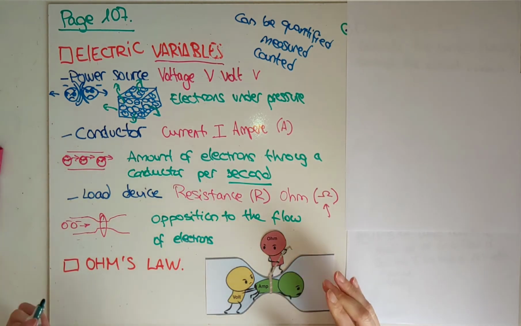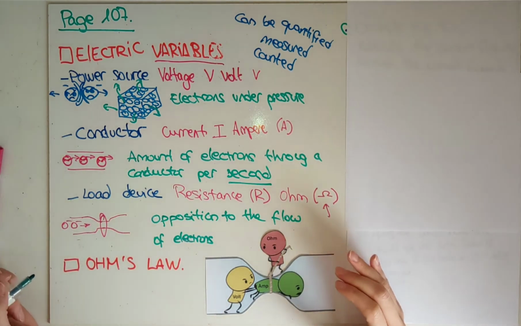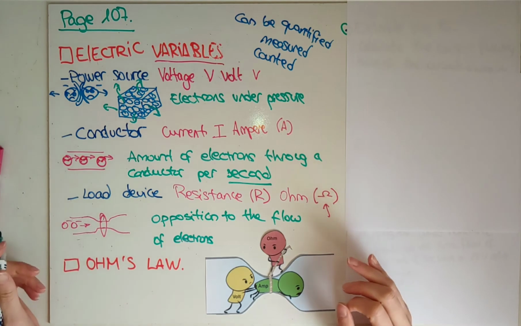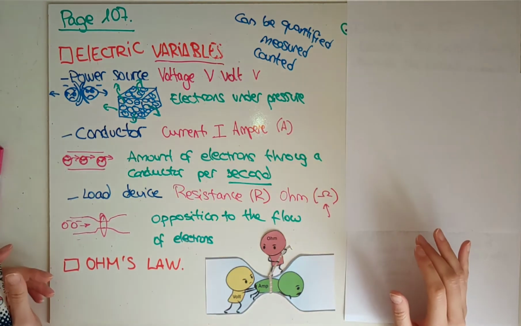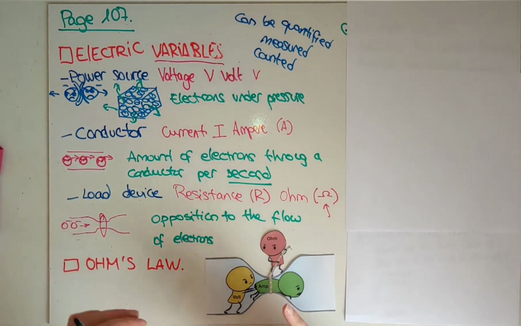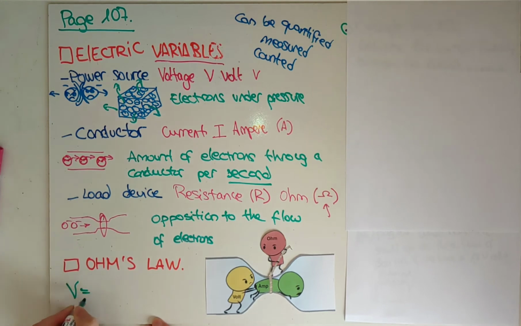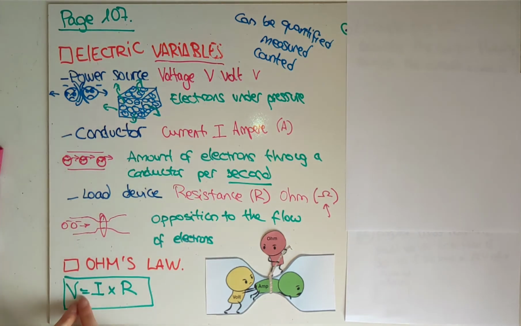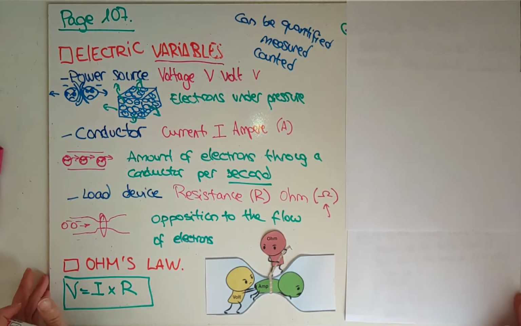George Simon Ohm came up with the formula, with the equation. He found out how to relate these three variables. The voltage is the product between the current and the resistance in a circuit, okay?